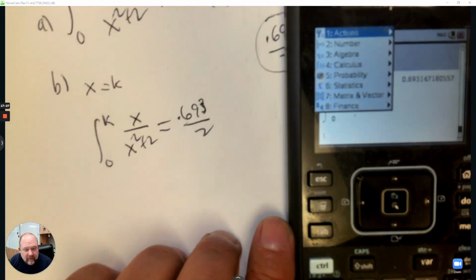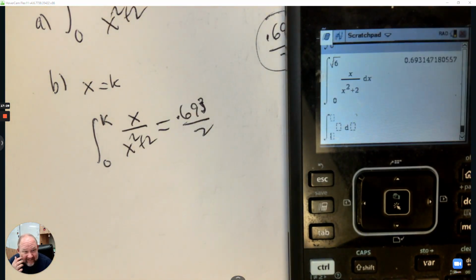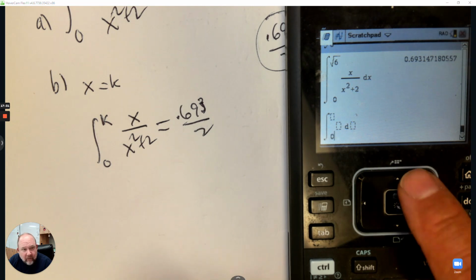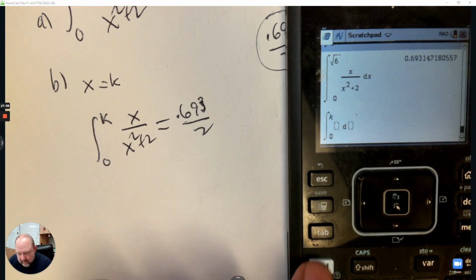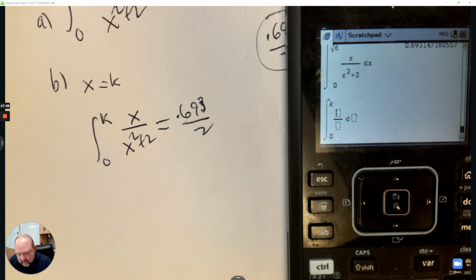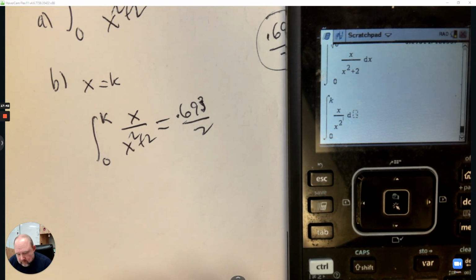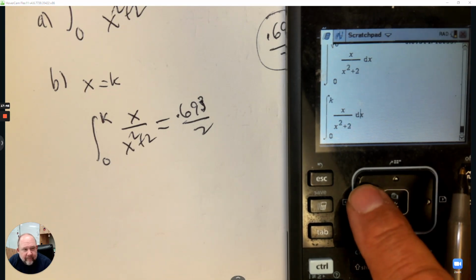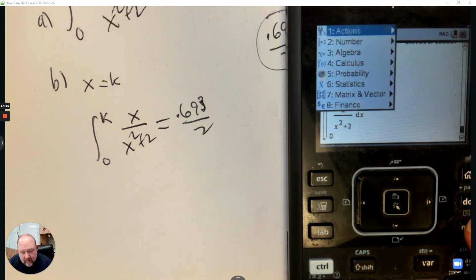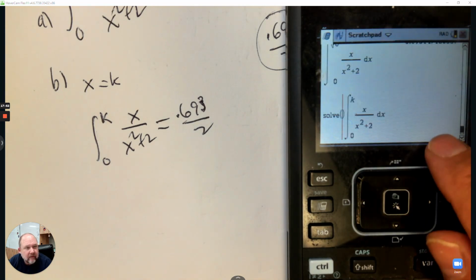So again, I'm going to go menu, calculus, integrate. And 0, I'm going to use k. And control divide, x over x squared plus 2. Oh, you know what I forgot? I need to solve it. So let's start at the beginning here. And then go menu, algebra, solve.